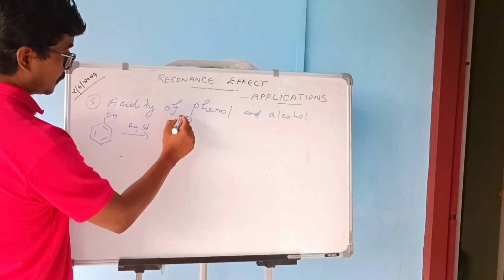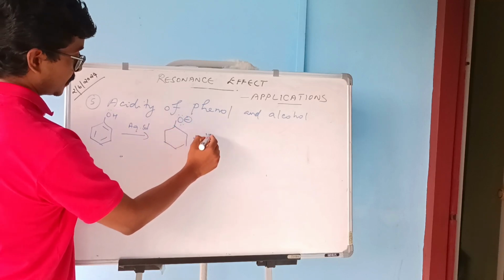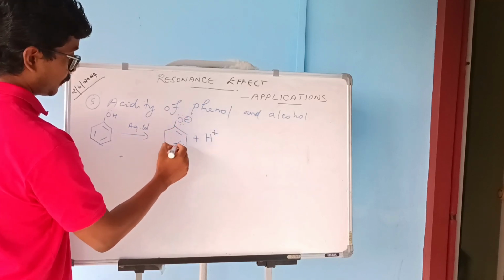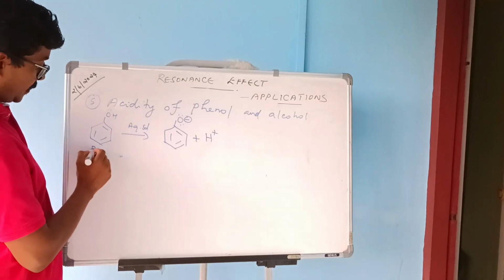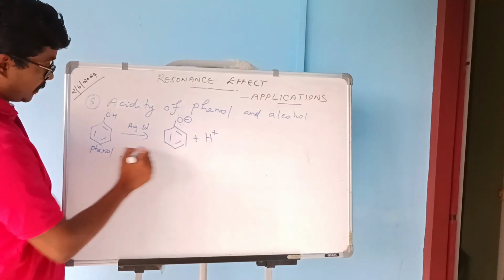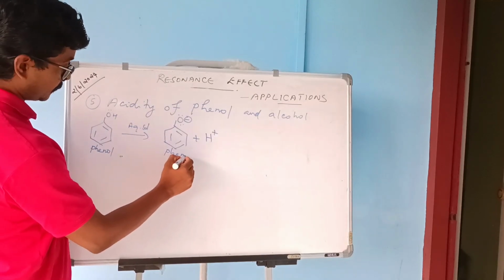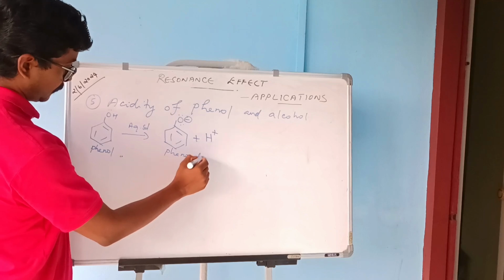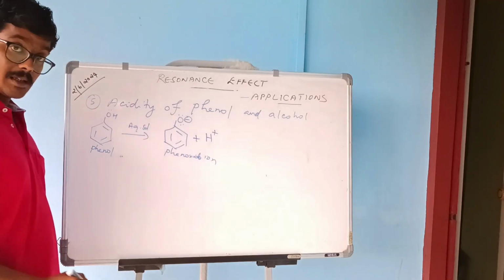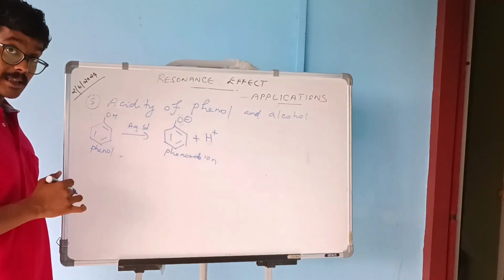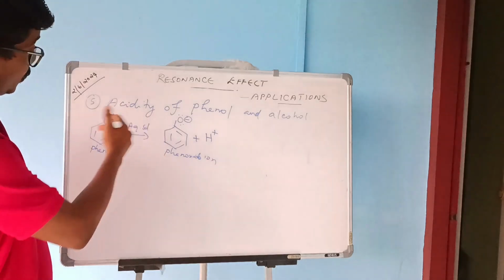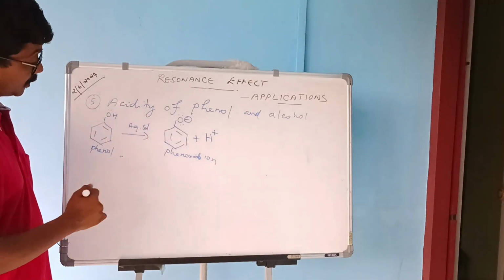It gives O minus plus H plus. This is phenol, and this is phenoxide. We will discuss the resonance stabilization of both phenol and phenoxide.